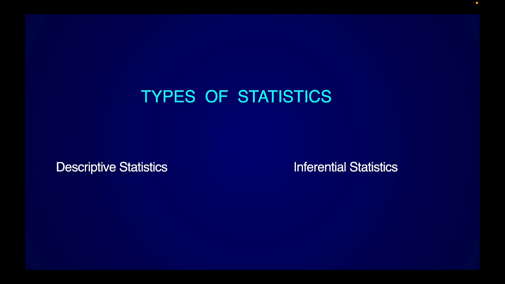For example, in descriptive statistics we have mean, median, mode, standard deviation, and variance. We'll learn about mean and median also. Inferential statistics, what happens in that? We make predictions using data. We have data, we apply some techniques on that data, and then we make predictions based on it.